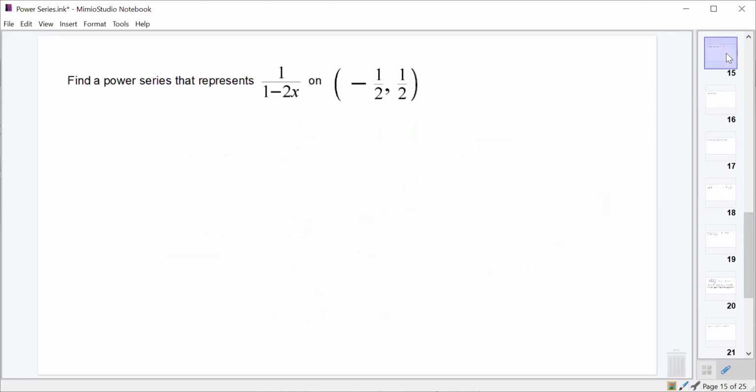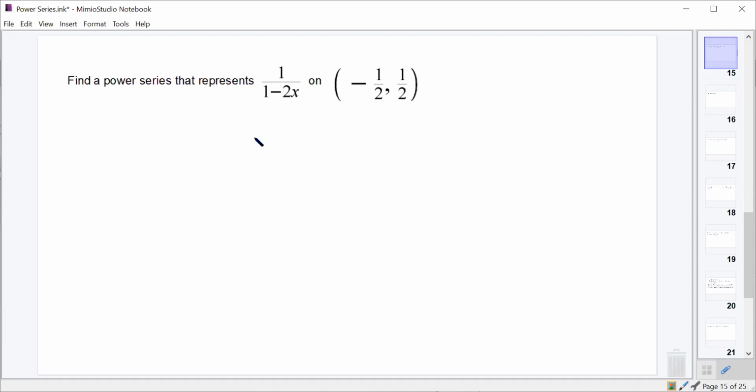Let's find a power series to represent 1 over 1 minus 2x on the interval negative 1/2 to 1/2. Shouldn't be too bad, because 1 over 1 minus 2x looks a lot like 1 over 1 minus x, right?